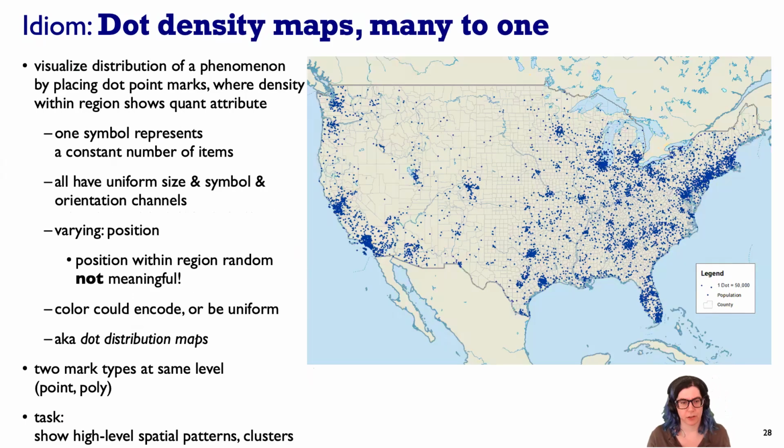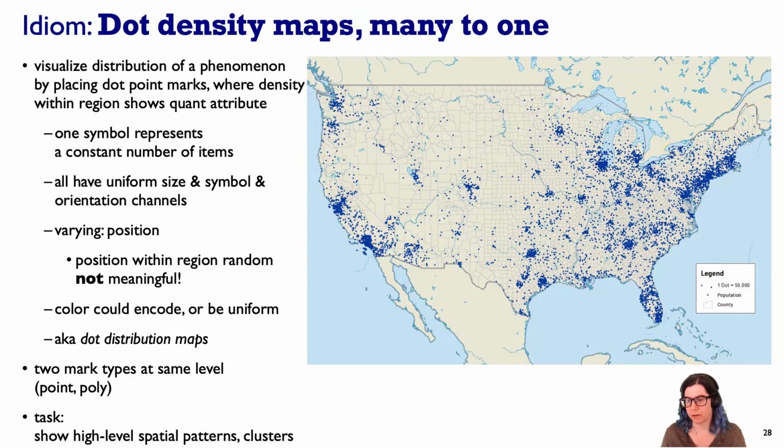Now, in addition, there are these dot density maps or dot distribution maps. And I'm going to call this a many-to-one map. And so what they're doing is they are using dots to show, with the density of dots, a quantitative attribute. And in this case, one symbol represents a constant number of items.